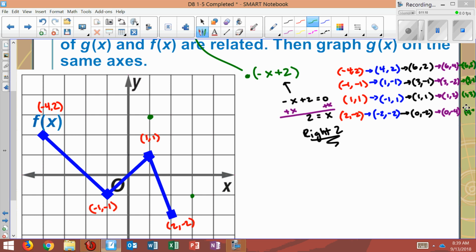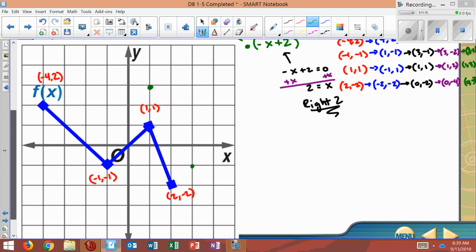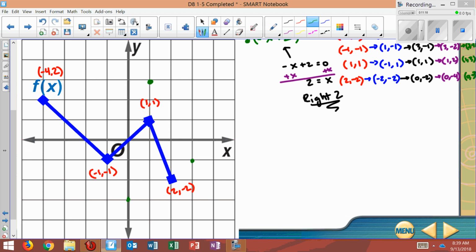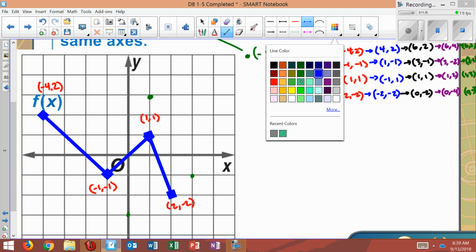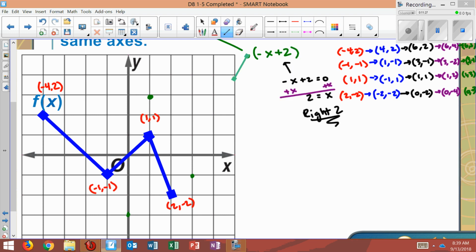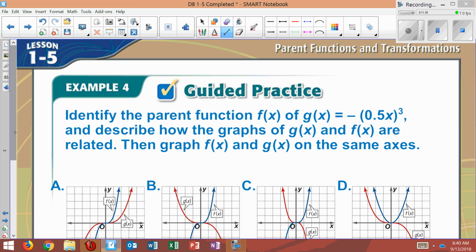So it would be 0, negative 3. So my last point is 0, negative 3. And so if I connected my graph here, this would be the actual picture. Let me do it in green. We go from here to there, there to there, there to there. That's how this transformation would take place, step by step. Now you have one to try.